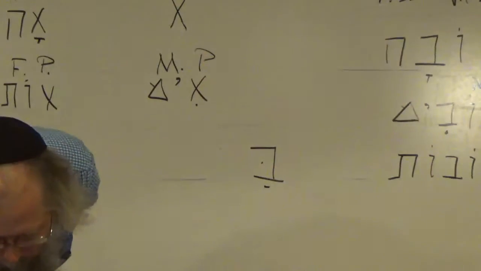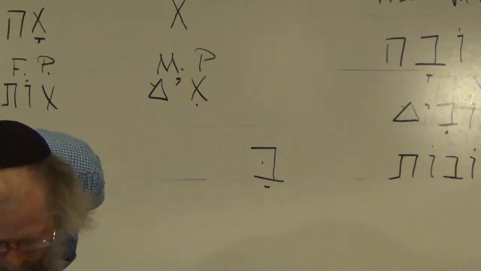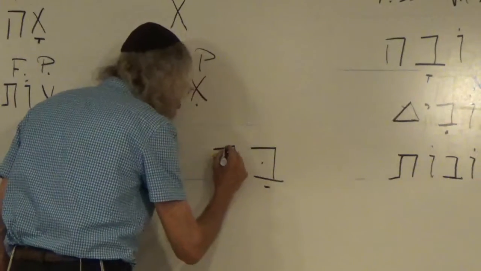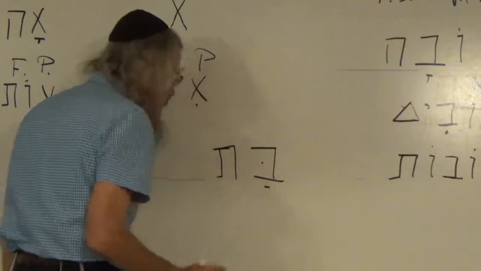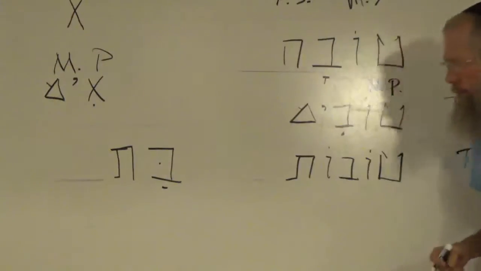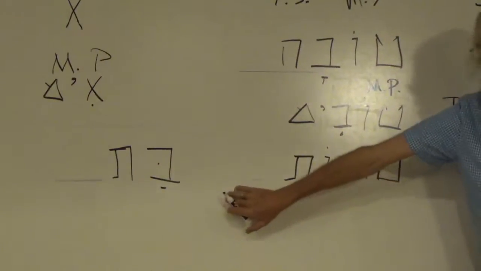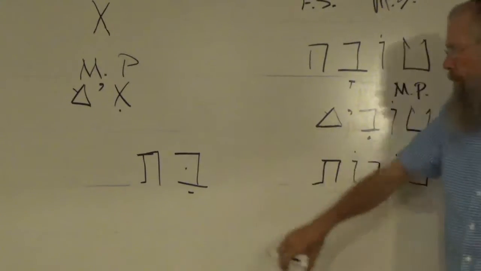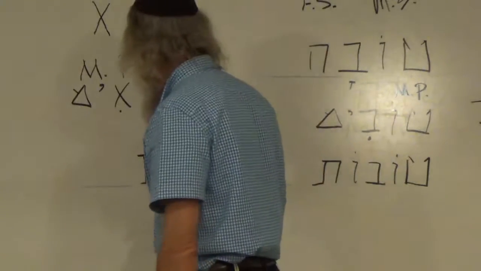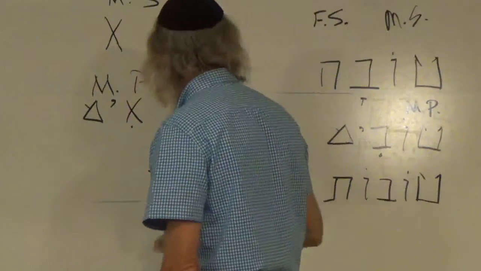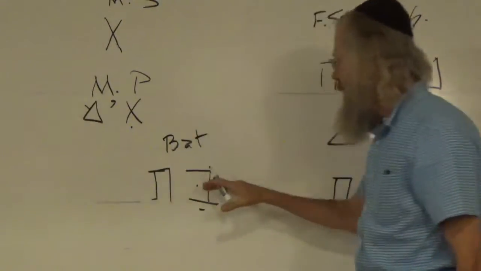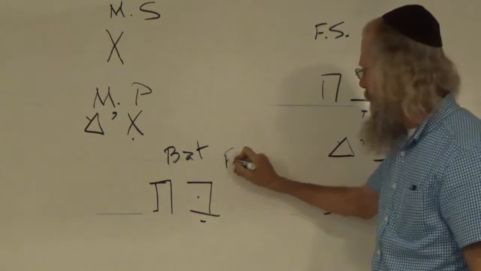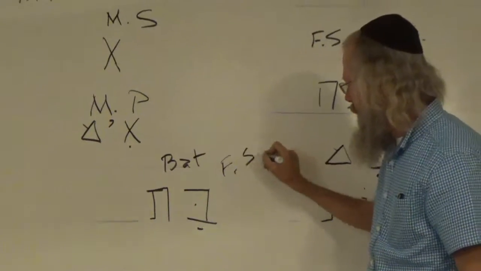Okay, can everybody see? What is that? Bat. Meaning? Daughter. Okay? So, that is what? Feminine singular.